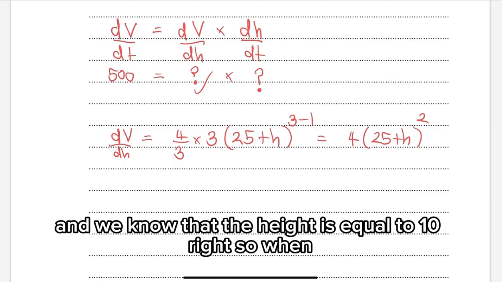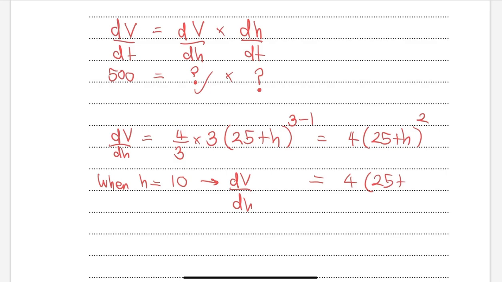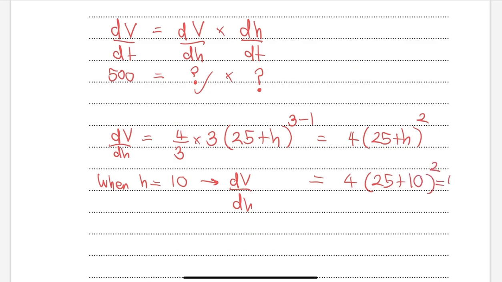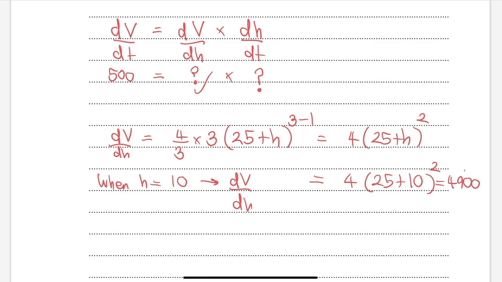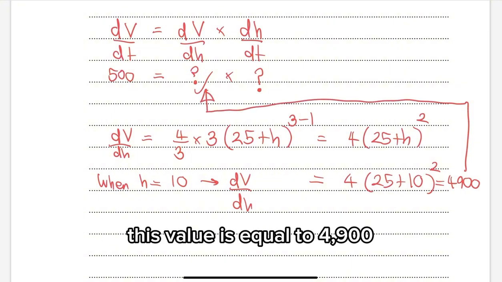And we know that the height is equal to 10, right? So when h is equal to 10, we substitute here with 10, and we will get dV/dh equal to 4,900.